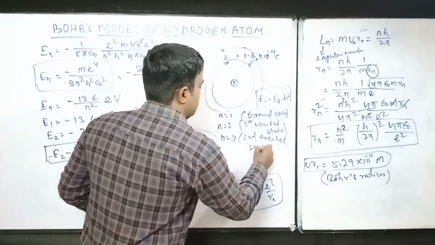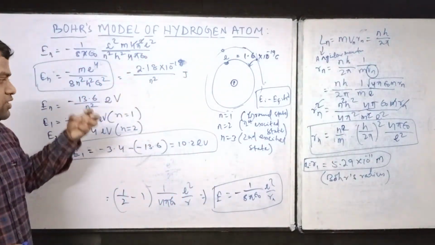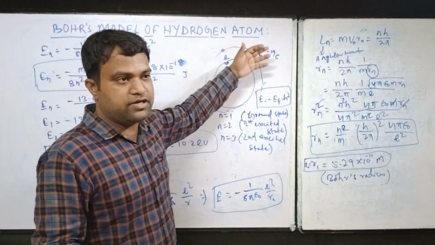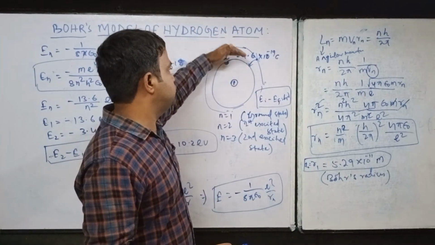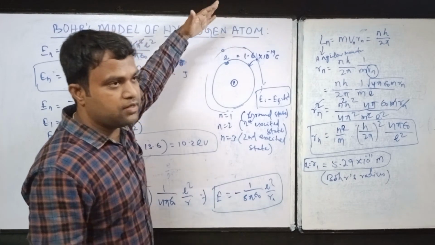So from this explanation, we can summarize that the energies according to Bohr's model are discrete in nature, and as we go on, the energy is increasing.